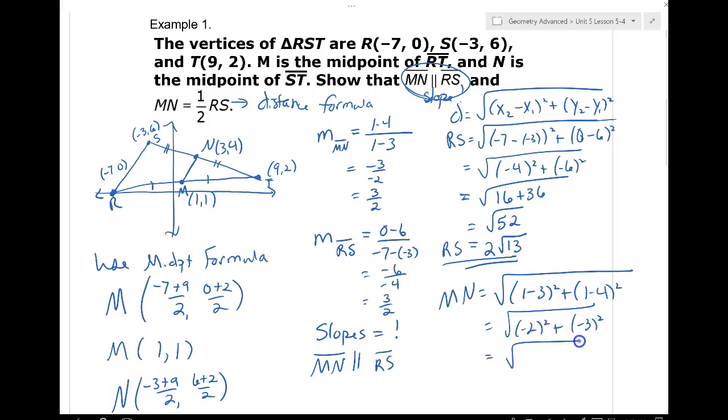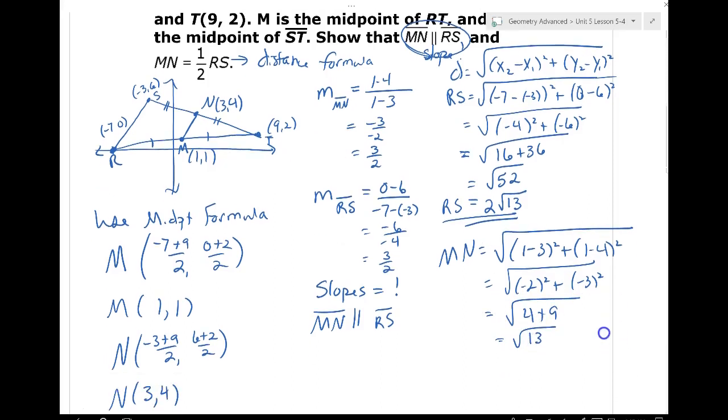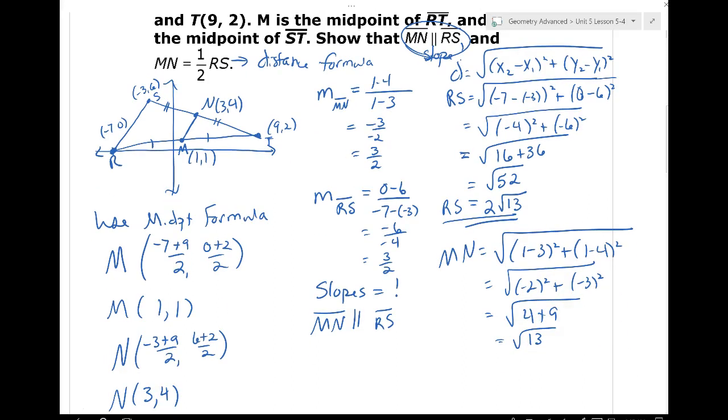If I square it, I get a positive 4 plus 9. Did I get the square root of 13? Okay, what do we know then? We know segment MN ends up being 1/2 the length of segment RS.